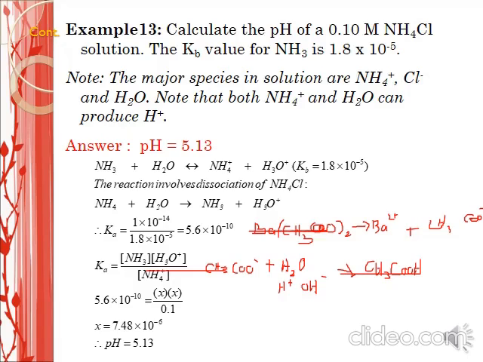So remember the rule, anions from weak acids are basic. So this will be basic.